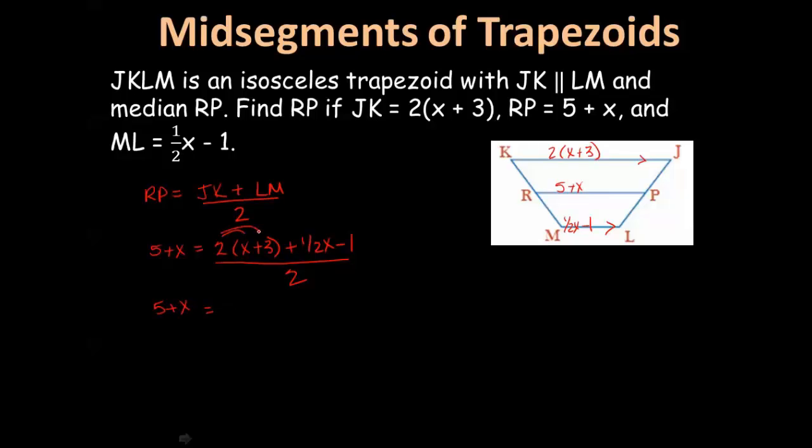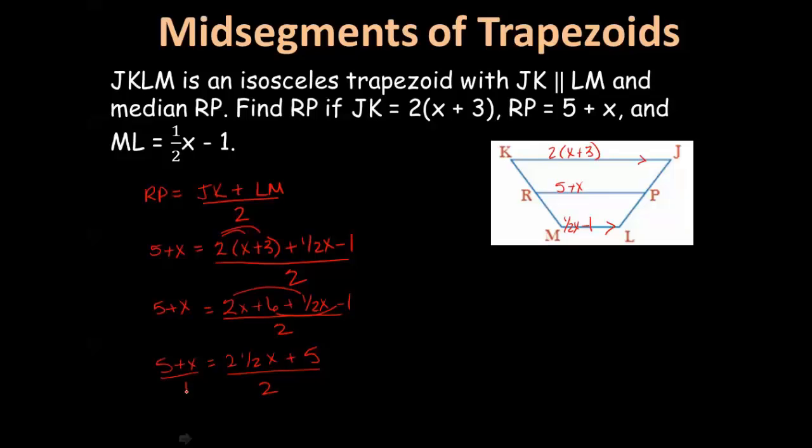So first I got to do some distribution. So I'm going to have 2x plus 6 plus 1/2 x minus 1 all over 2. And then I got to combine like terms. So I'm going to have 2.5x plus 5, and I combine those two and these two. That's all divided by 2.